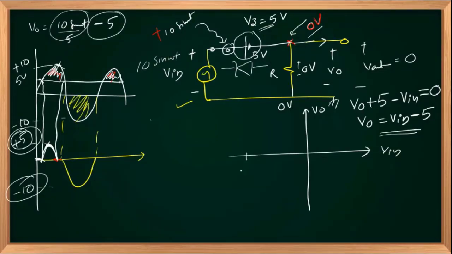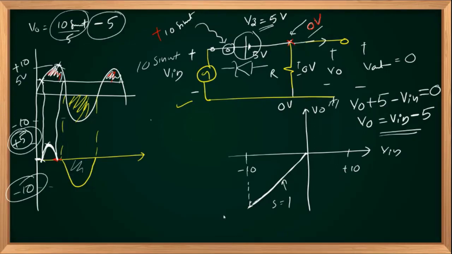So we are varying the input from minus 10 to plus 10. As we discussed, when input is negative, V out is same as my V in. So the slope will be 1, passes through origin, and input is limited by minus 10 volts.